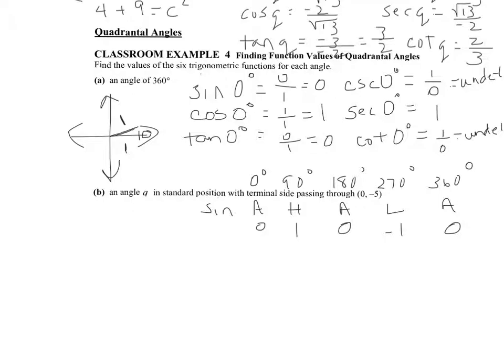You'll never have a sine ratio lower than -1. Where we got these undefineds, that occurred not on sine or cosine, but on cosecant and cotangent. So your sine and your cosine will always be a value between 1 and -1. And if you can learn a hala for those quadrantal angles, rather than having to draw them and visualize, it gives you a quick way to figure out whether it's 0, 1, or -1. Does that sort of make sense?